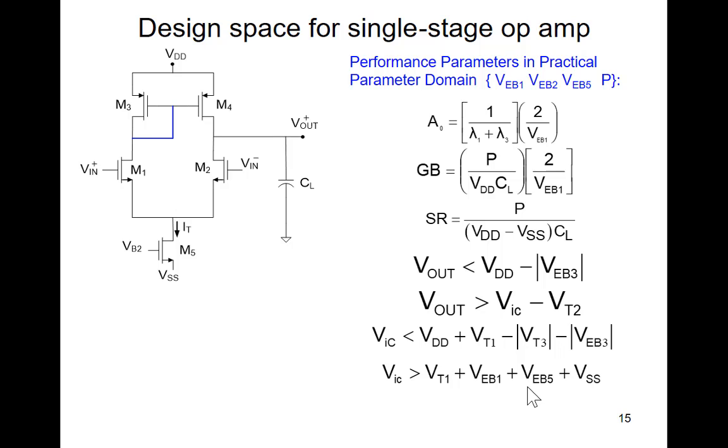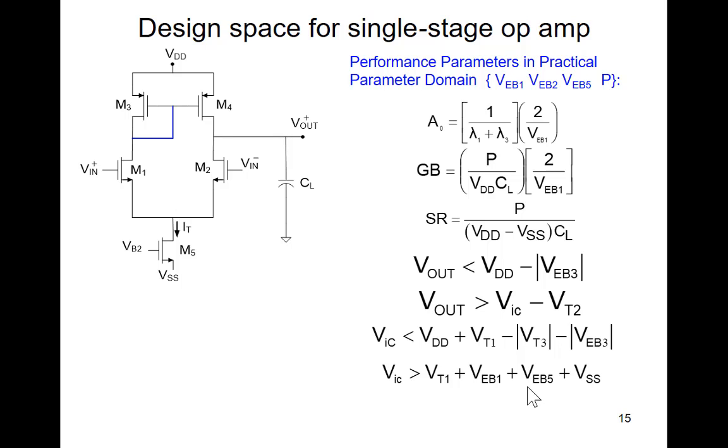So now let's look at the performance characteristics we have so far for this amplifier in terms of the practical parameter domain. Any comments? Some nice, clean, simple expressions that are nearly decoupled.